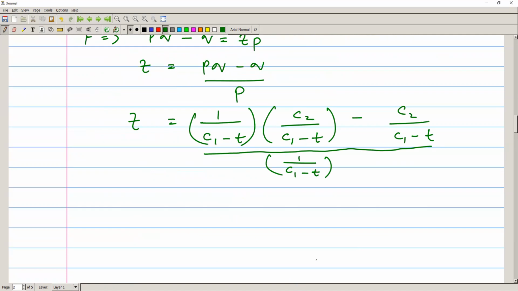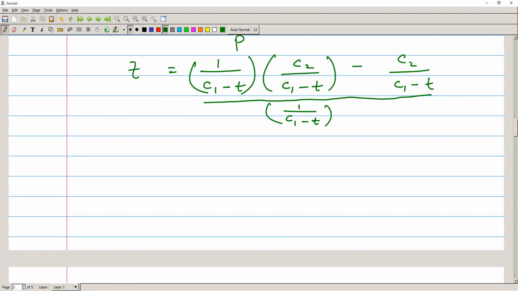So now we can see that we can take 1 over (c1 minus t) common from the numerator. So we will take it out. We will be left with c2 over (c1 minus t) and minus... sorry, this is not minus 1.